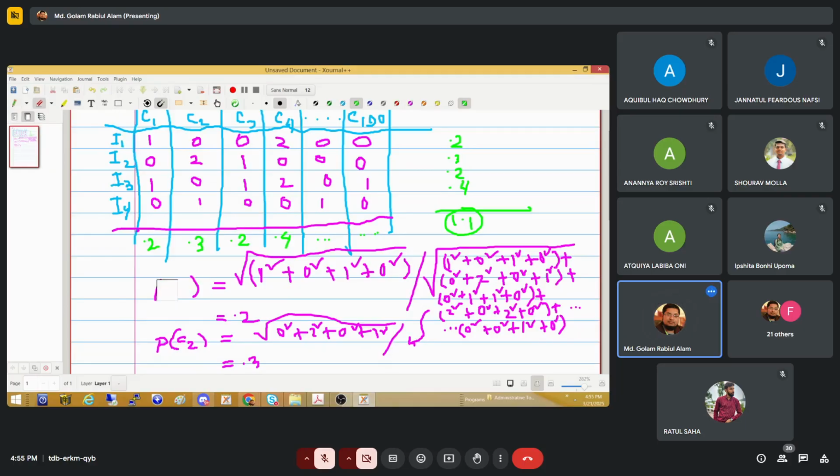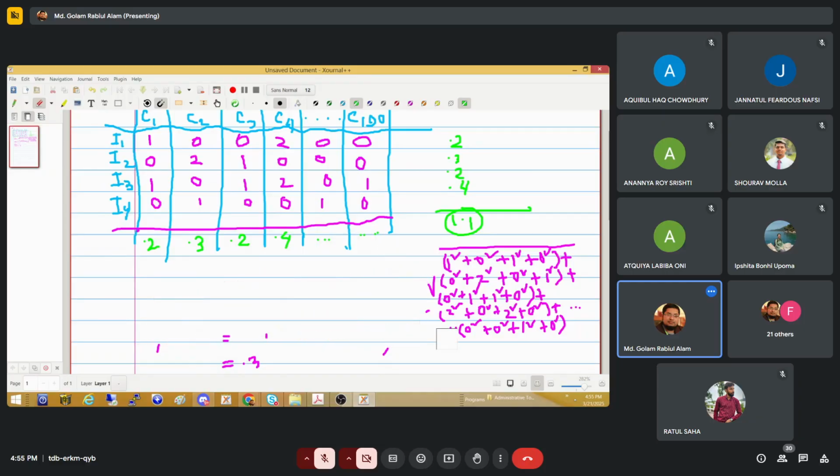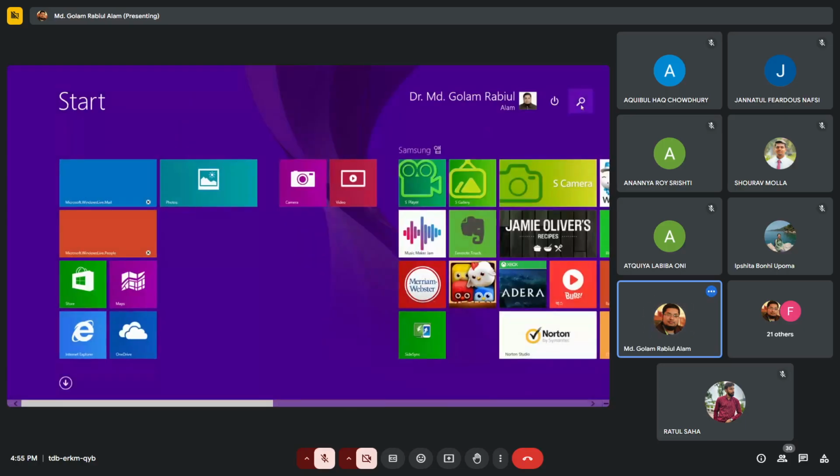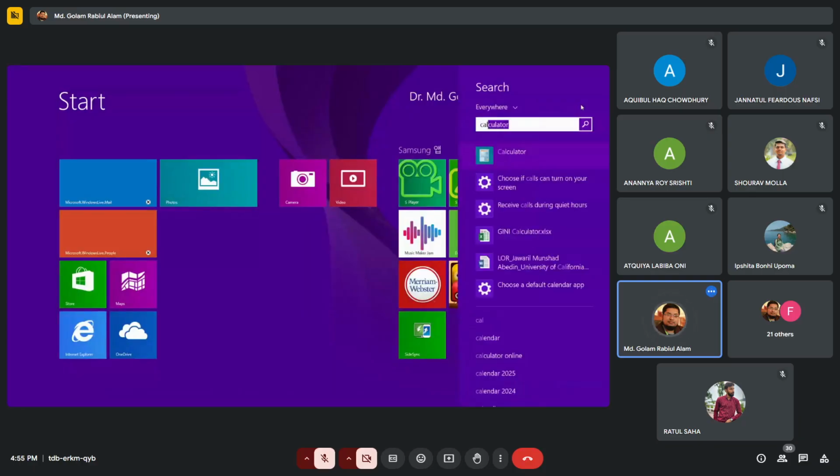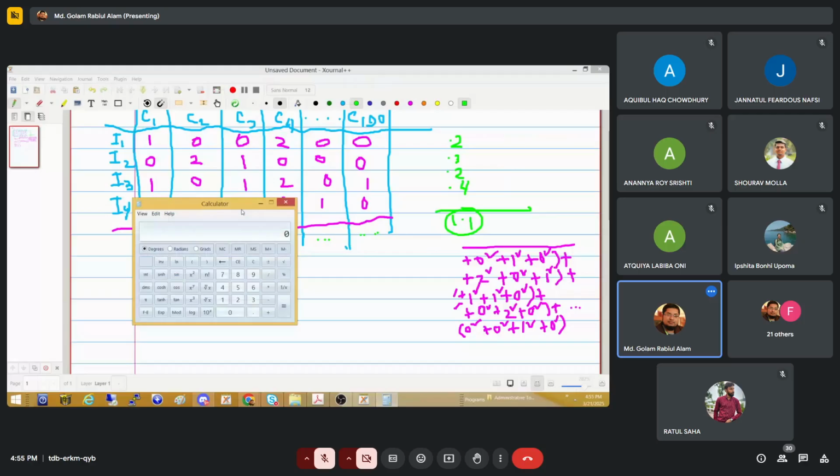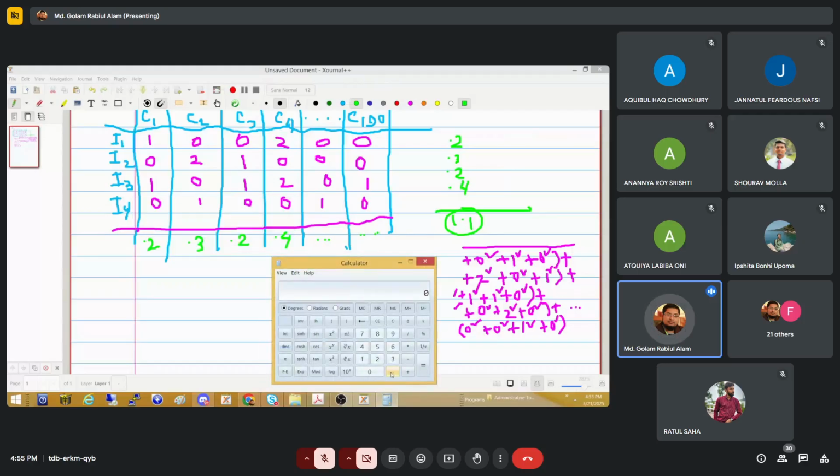In that case, we can calculate those values. 0.2 divided by 1.1 is 0.18.